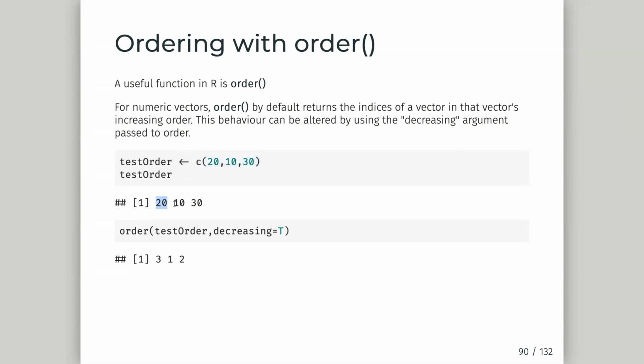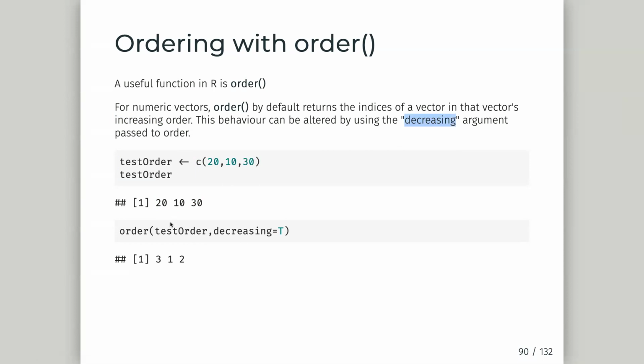I can control the order that it's going to give me back. By default, it's going to do increasing. That's good for some values. Maybe if I want to order by p-value, I want it to be increasing in that way. But I can also reverse it and go decreasing, if I'm using t-statistics or something and I want to go the other way.